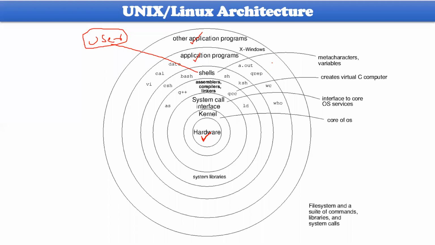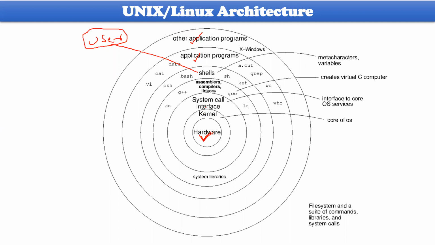Hardware will not communicate directly with the system call interface. There must be something in between, so the kernel is the interface between system calls and the hardware.